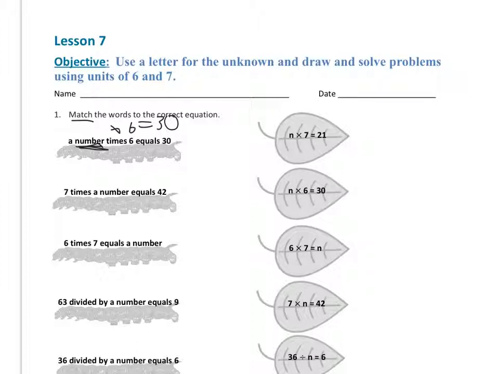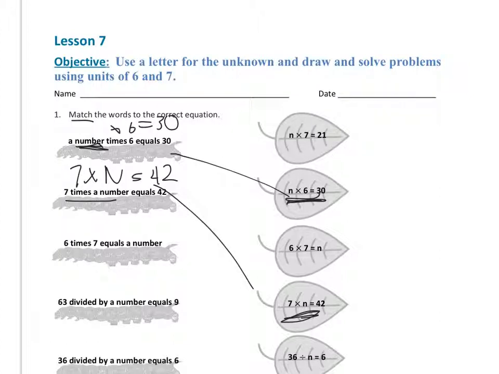Now you can see right over here, there's an n, which is for number, times 6 equals 30. So we're going to match that up. 7 times n, 7 times a number, equals 42. Do we see that anywhere? Look right over here. 7 times n equals 42. There you go.